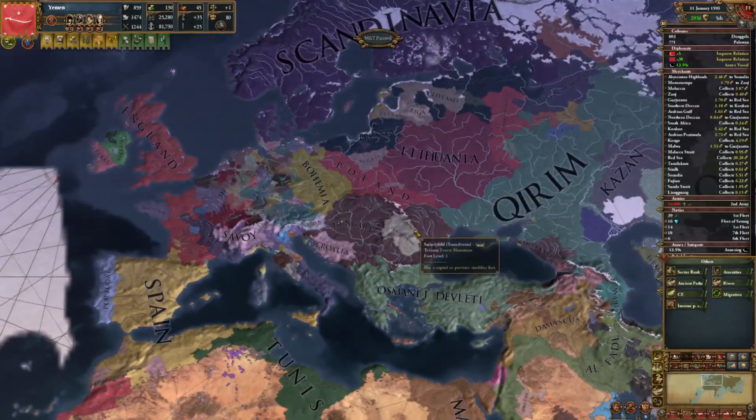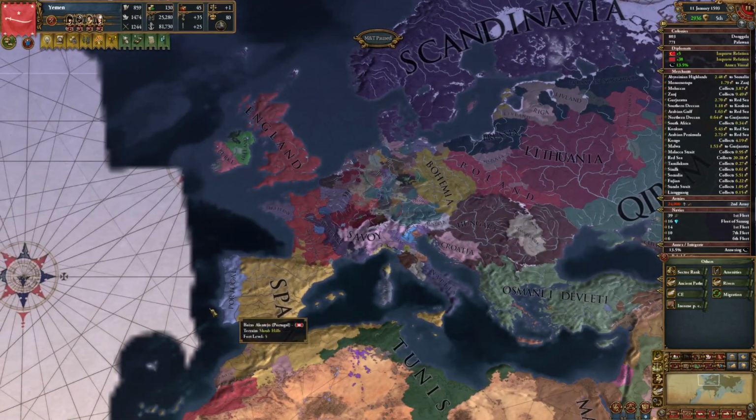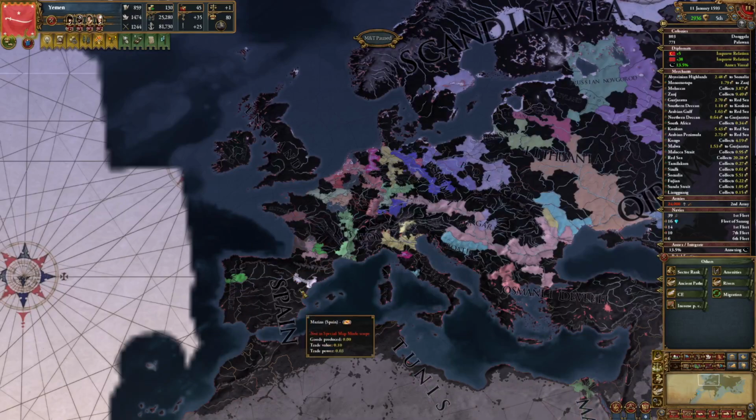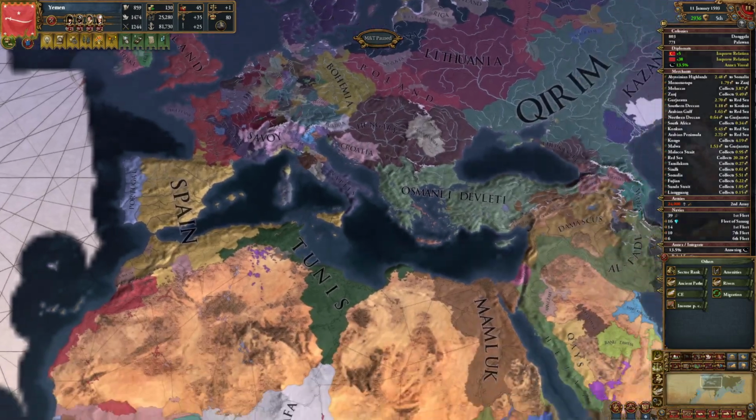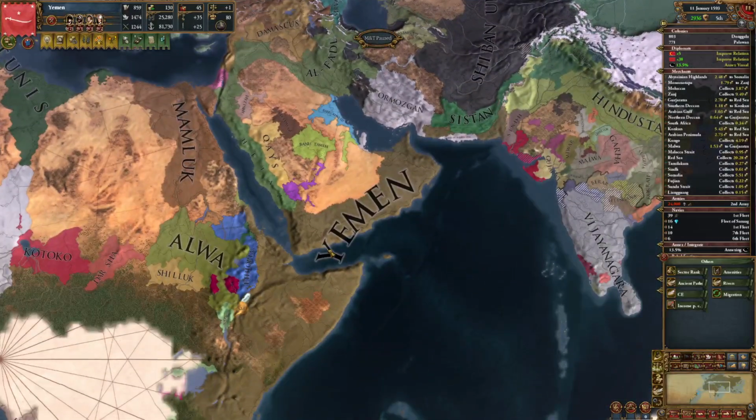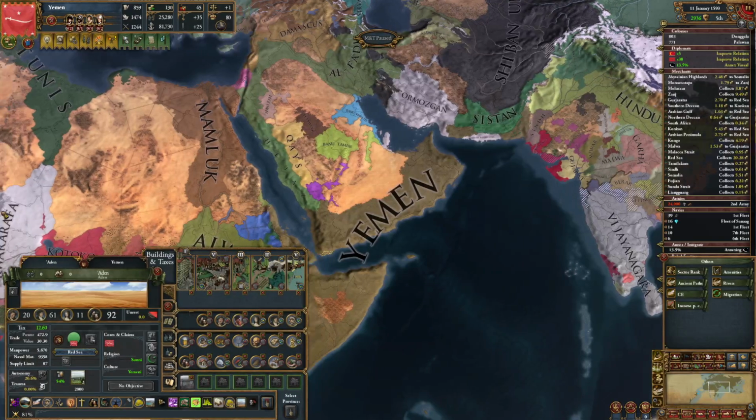You really need roads for this. Spain is also very important to have roads, basically because there is no major river system which can be used for this. Yeah, and that's basically the main reasons for what you need to do to decrease your autonomy in your provinces and therefore get more out of them.